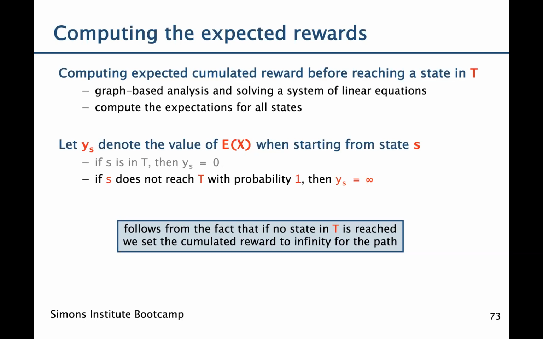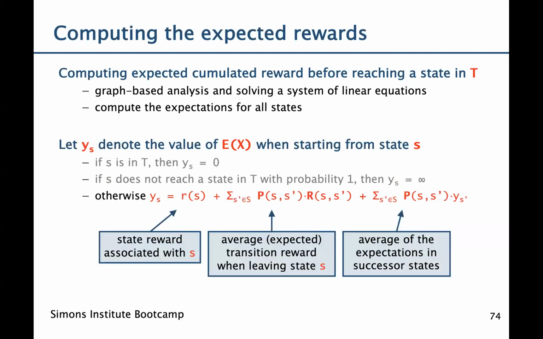If we have just one path that doesn't reach the target, then this path will have the value infinity, and therefore the sum will have the value infinity. And for other states, we do it recursively, similar to the case of probabilistic reachability.